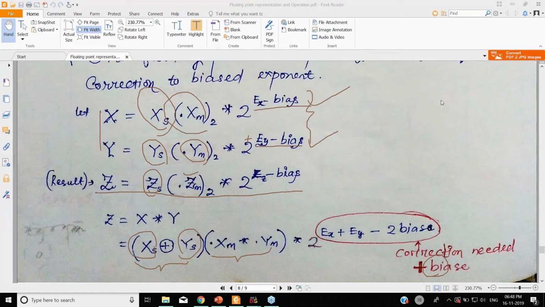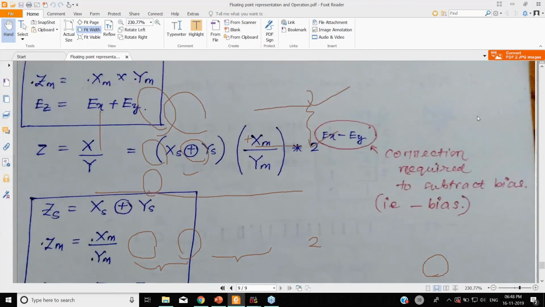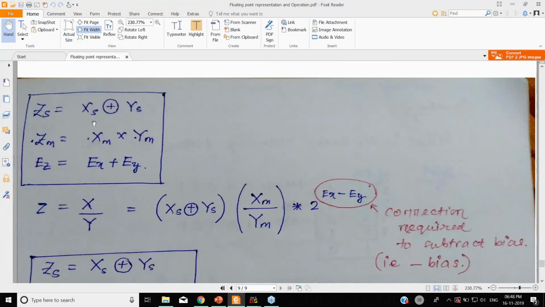Similarly with the multiplication, these are less likely to be asked, but still I would like to discuss it for the completion of this understanding. Similarly for division also, you can do the same thing. The sign bit can be obtained with the XOR of sign bit of XS and YS.